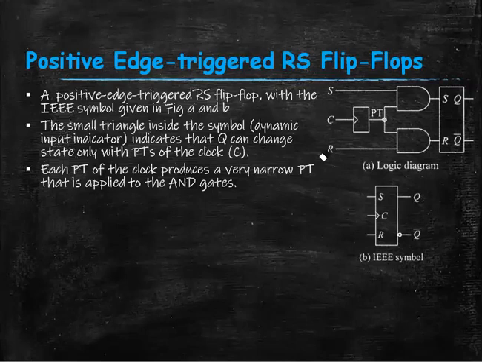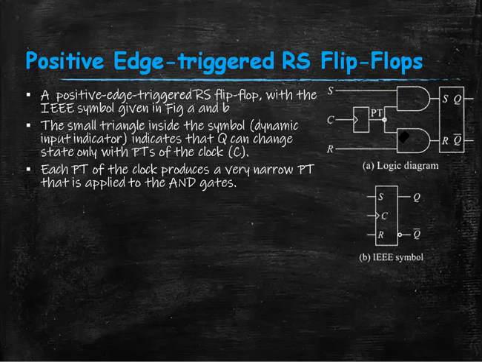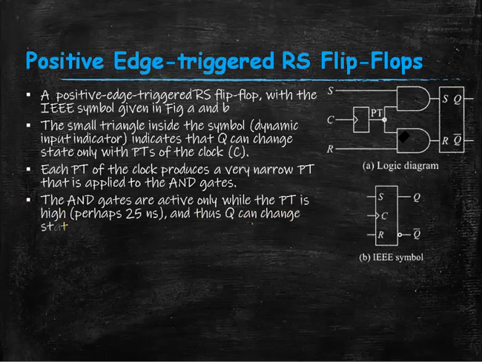That narrow pulse is given to the inputs of AND gate. The AND gates are active only when the PT is high.